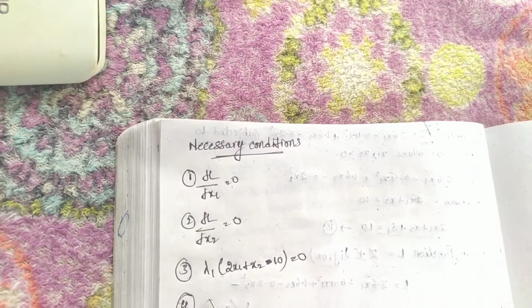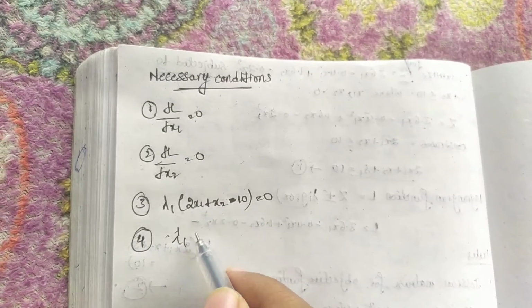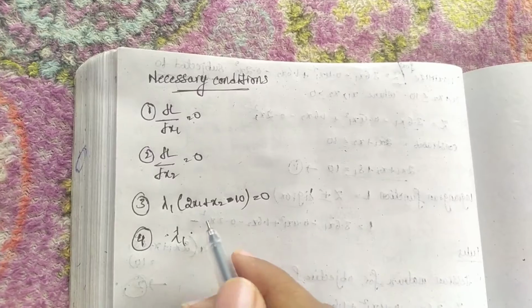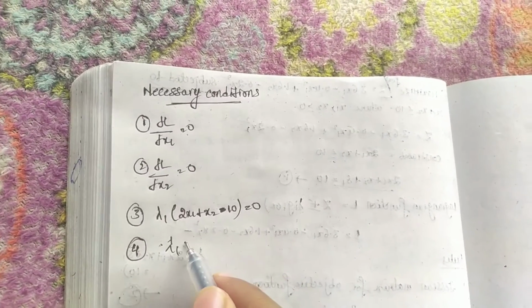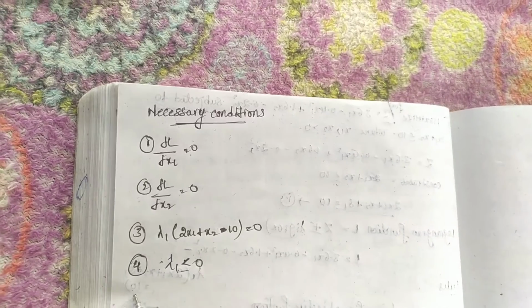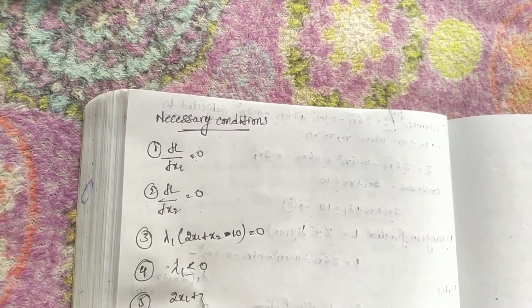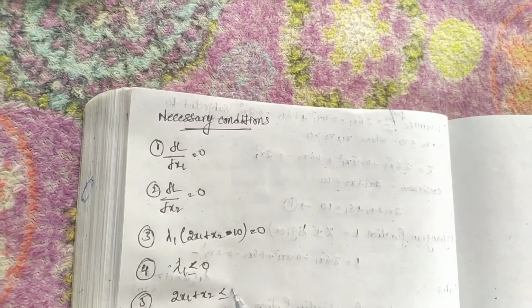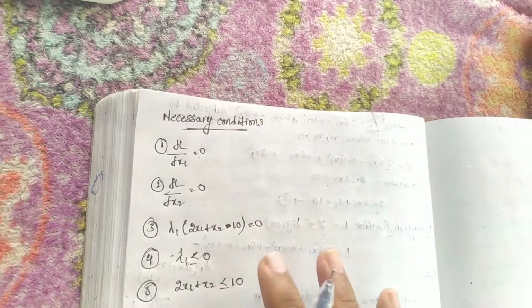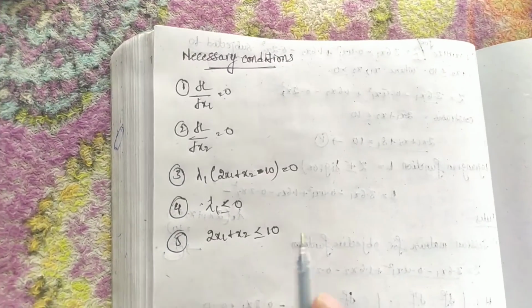And the fourth one is lambda 1 less than or equal to 0. And the fifth one is 2x1 plus x2 less than or equal to 10. These 5 conditions we have to satisfy.